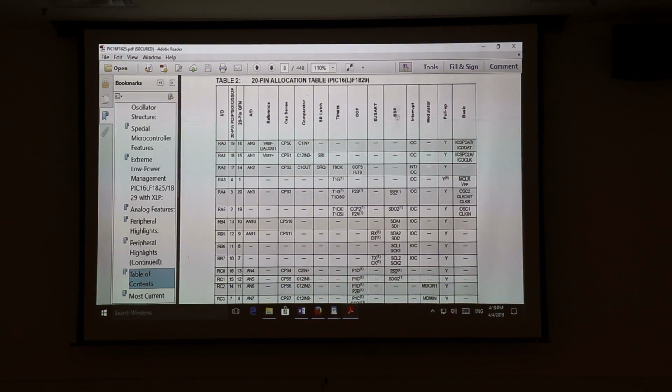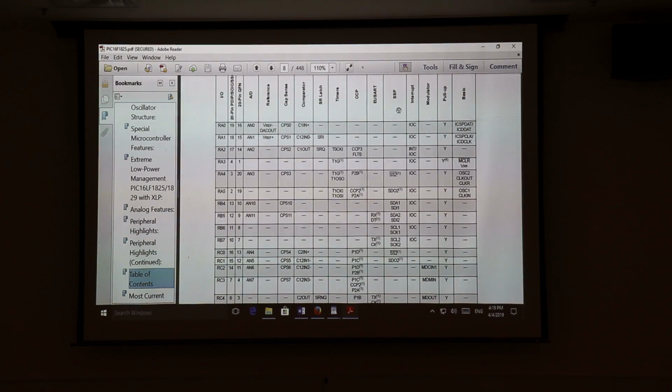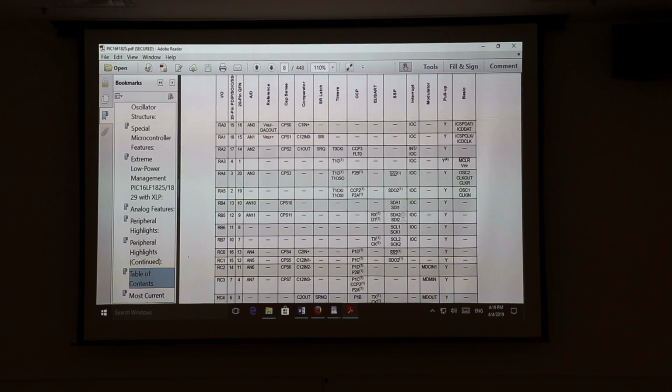So this is the synchronous serial port screen. Now, because the synchronous serial port can be programmed as an SPI or an I2C port, you have a bunch of choices. You have slave select, serial data out, serial data in, and serial clock. That's all SPI. And then SCL and SCK, that's all I2C.